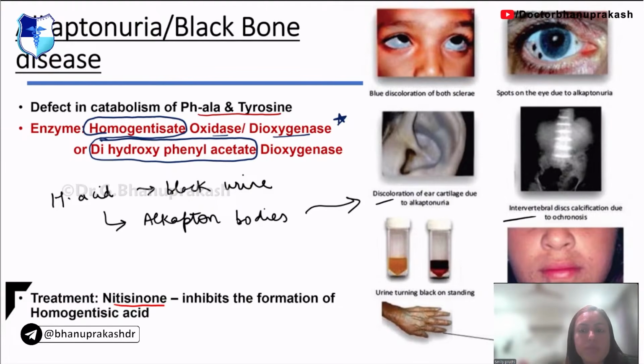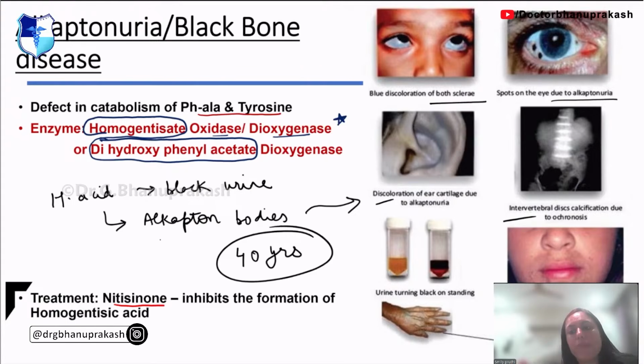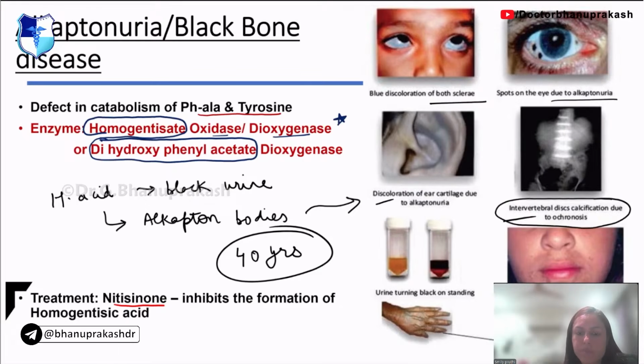Intervertebral disc calcification occurs, blue discoloration of sclera, spots on the eyes. Okay, and this condition is known as ochronosis, when bones and cartilages are affected because of alkapton bodies. Age of presentation is usually 40-year patient with back pain because of intervertebral disc calcification, right?